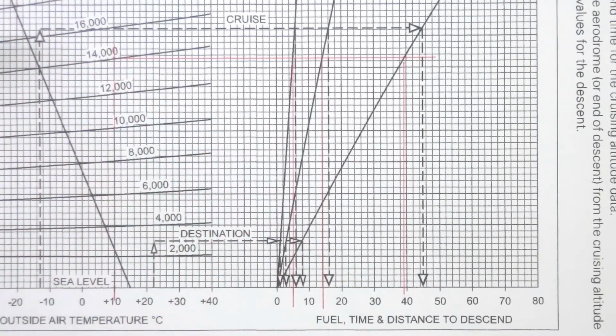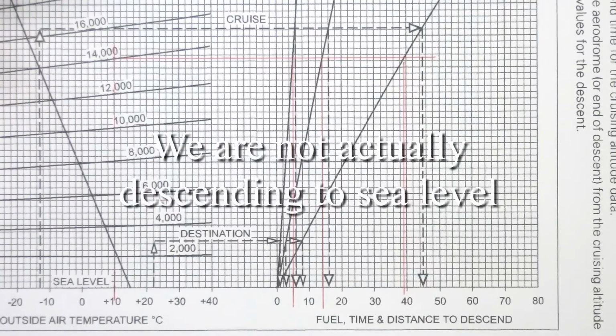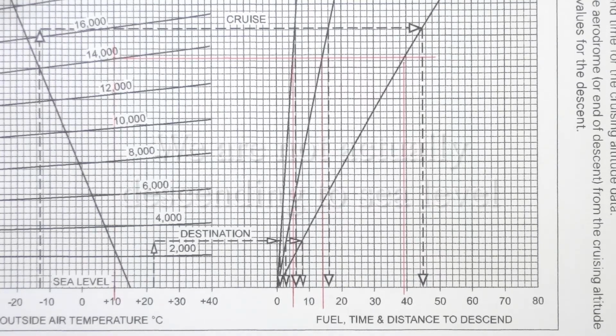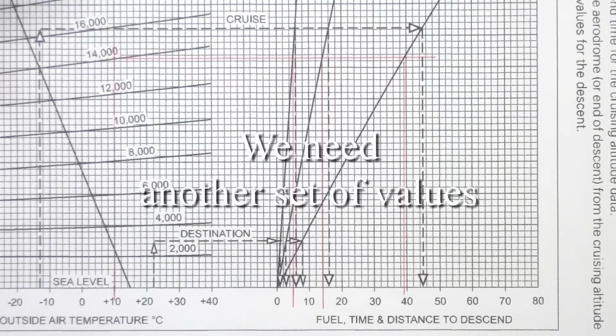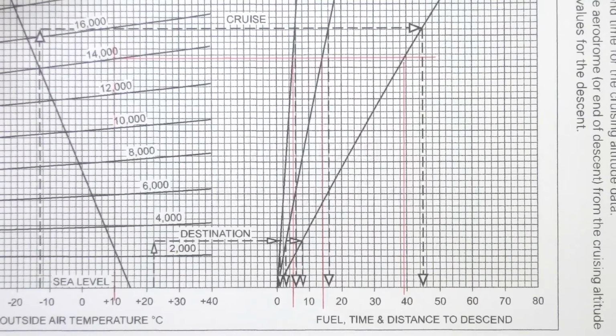So if we were to descend all the way to mean sea level, that's the fuel, time, and distance we require. Now, because we're not descending to sea level, we're descending to an altitude of 4,000 feet, where the outside temperature is 24 degrees Celsius, we're going to find out what is the fuel, time, and distance required for an aeroplane that is descending from 4,000 feet, where the outside air temperature is 24 degrees Celsius, descending to sea level.